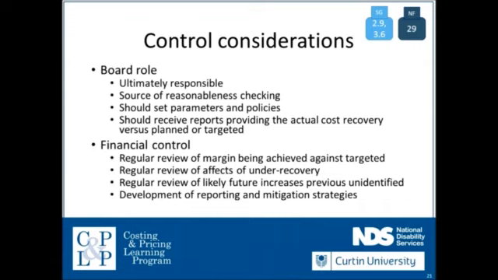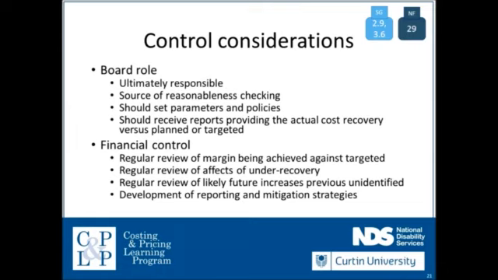The board should also do things like set the parameters and policies related to costing, and particularly to set some of the policies around what kinds of decisions the board should make strategically and what kinds of decisions the CFO or CEO should be delegated to make in that context. And finally, of course, the board should receive reports providing the actual cost recovery versus planned or targeted cost recovery.